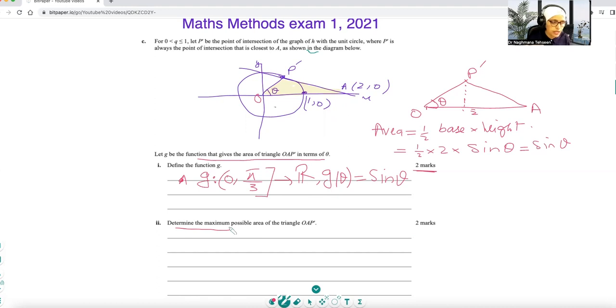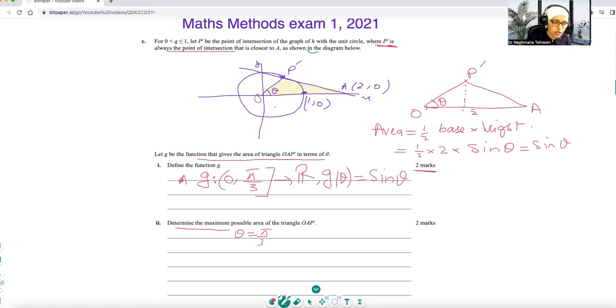Okay, now the next part of the question is to determine the maximum possible area. Where would that maximum value occur? Remember that P dash must be the closest to the point A. That means the maximum area would occur where theta is pi on 3.